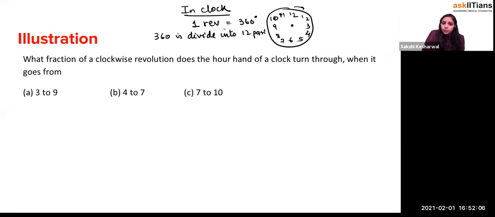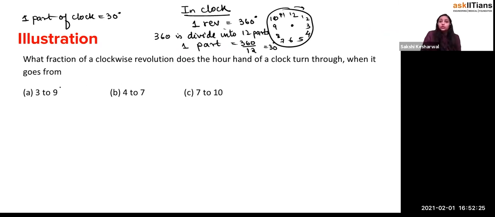So one part will be equal to how much, beta? 360 divided by 12, which is equal to 30 degrees, right? So this is the important part: one part of a clock is known as 30 degrees, right?